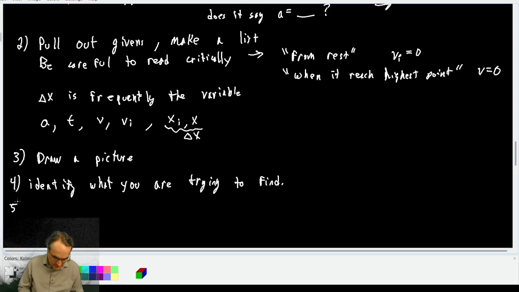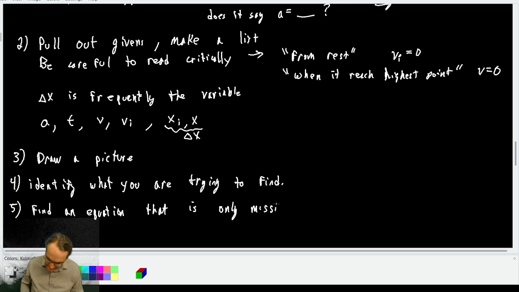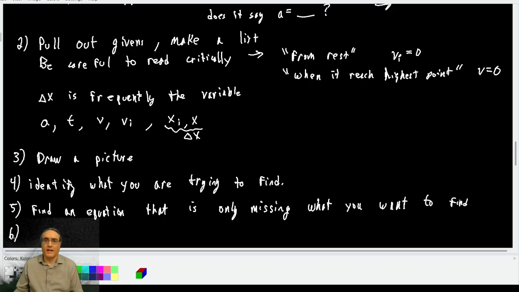So once you know what you've got, your givens, and what you're trying to find, try and find an equation that is only missing as a number what you want to find. And once you've done that, that's the right equation.